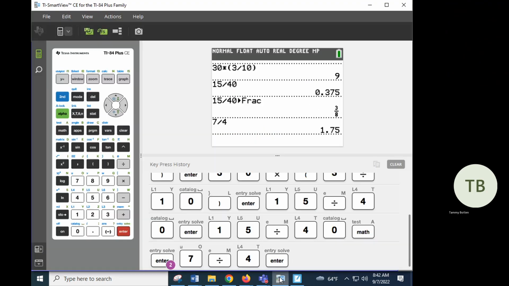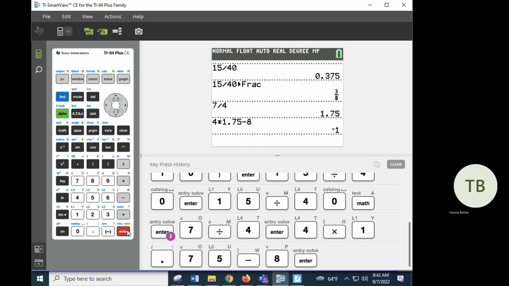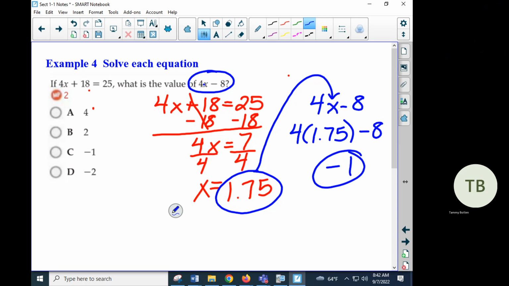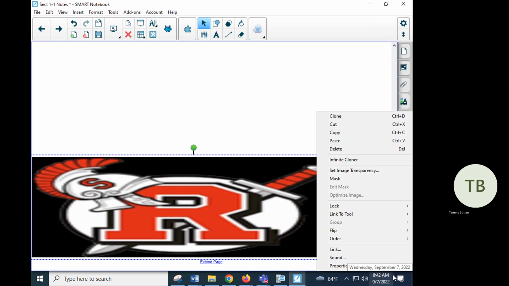So if I go to my calculator, I have 4 times 1.75, subtract 8, and it's a negative 1. So over here, it'd be a negative 1. Okay, so that's it for that.